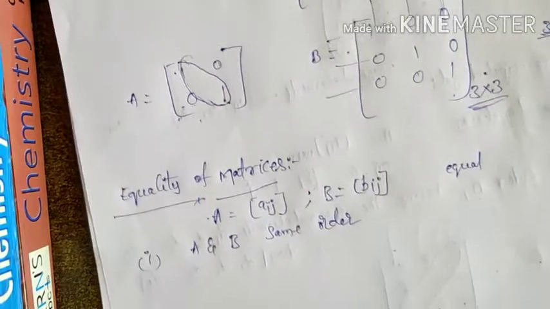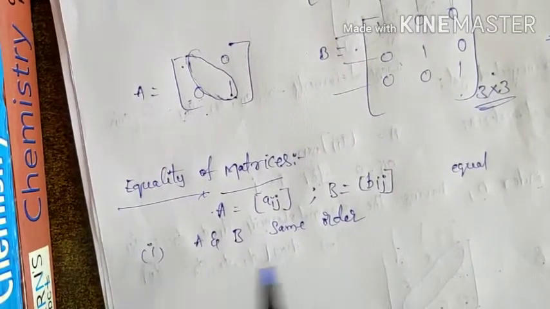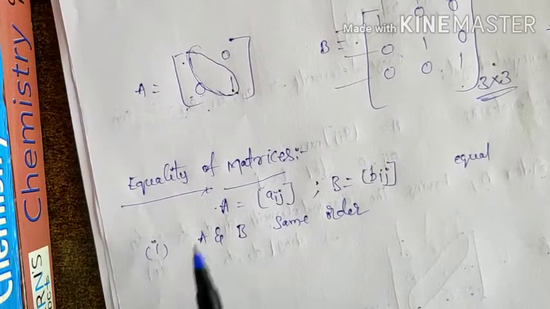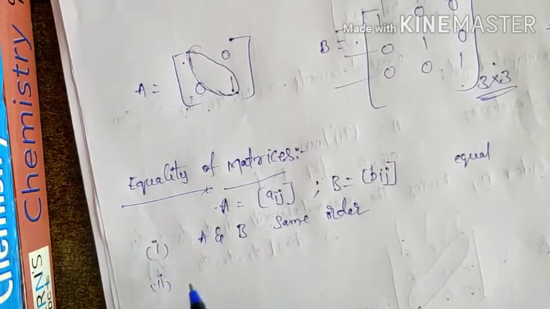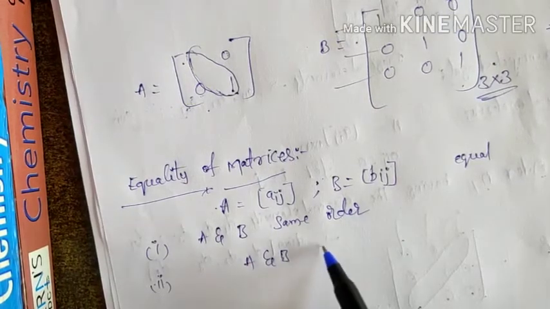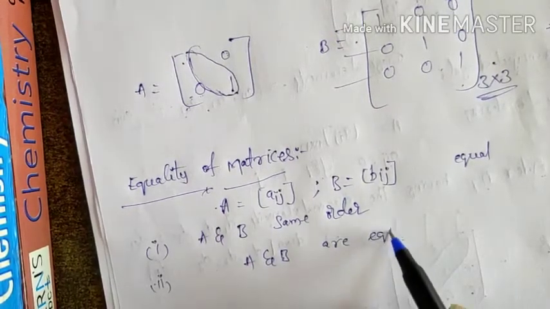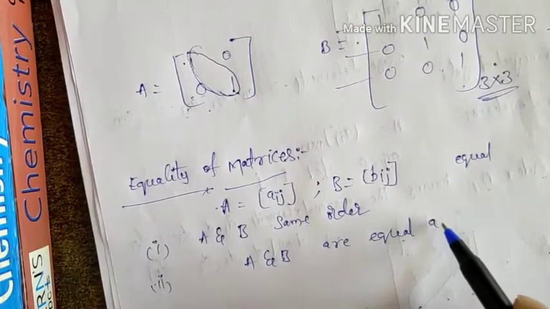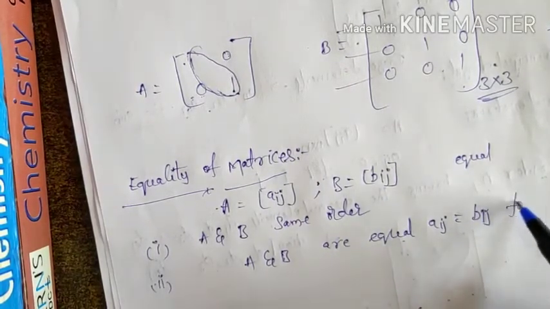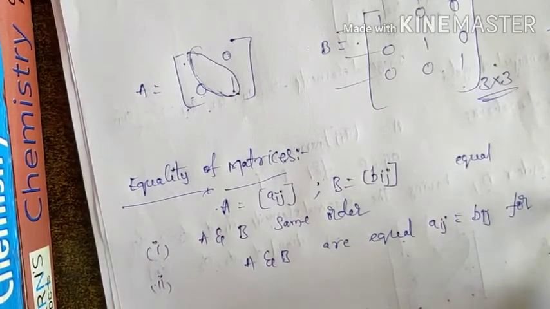It means A and B have the same number of rows and the same number of columns. Another condition is that the corresponding elements of A and B are equal. That means aij is equal to bij for all i and j.